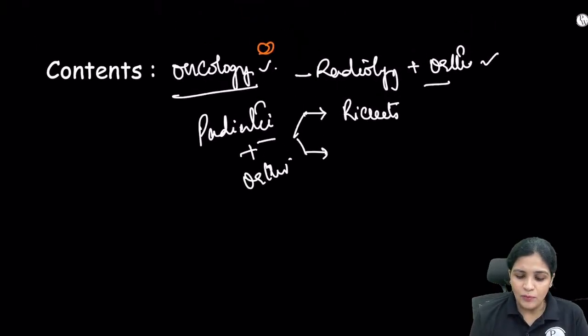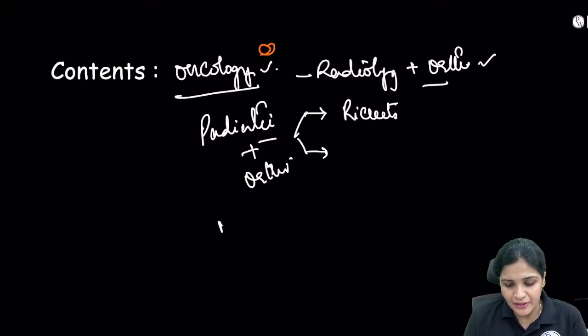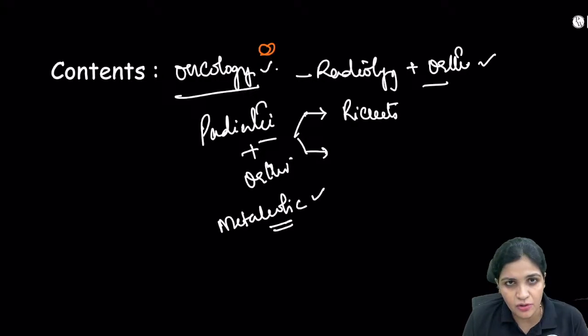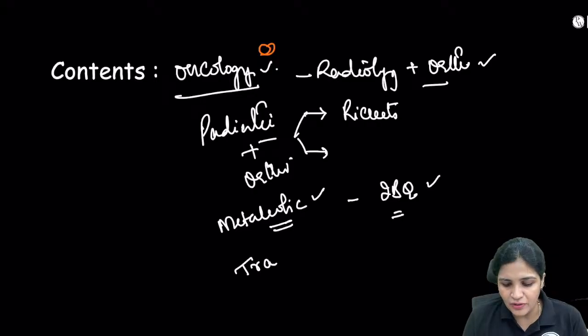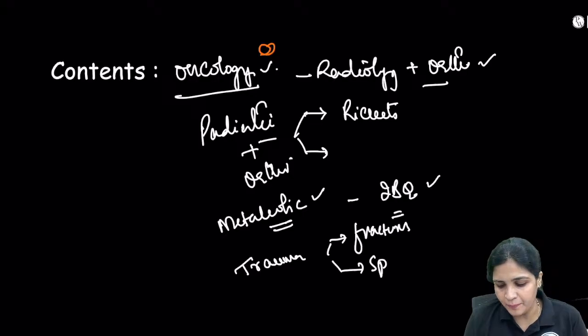Then one more very important thing is the metabolic disorders. Whenever they want to ask something about metabolic disorders, they usually give an IBQ, that is, an image based question, right? And finally trauma. In trauma, what is the most important thing you have to read? The fractures, right? And then the splints.